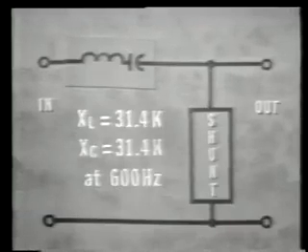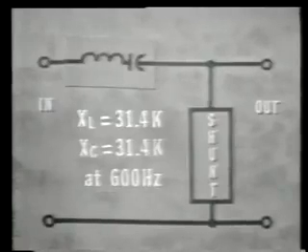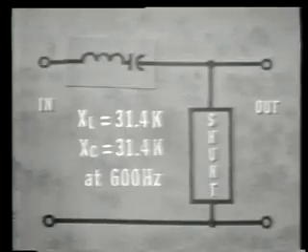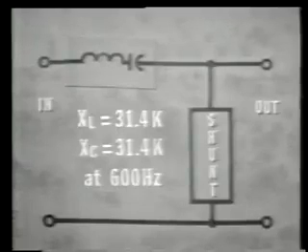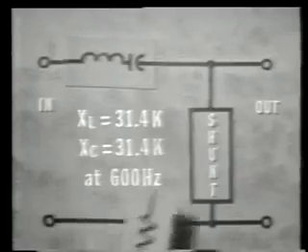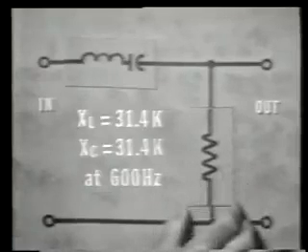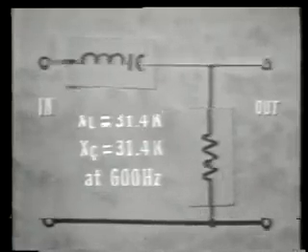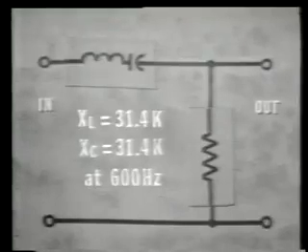In other words, it's simply a series tank circuit, and as you've learned previously, a series tank circuit offers minimum opposition to the resonant frequency and maximum opposition to all other frequencies. Now, the shunt impedance in this case can be purely resistive, simply a resistor, since its only use is to develop the output voltage.